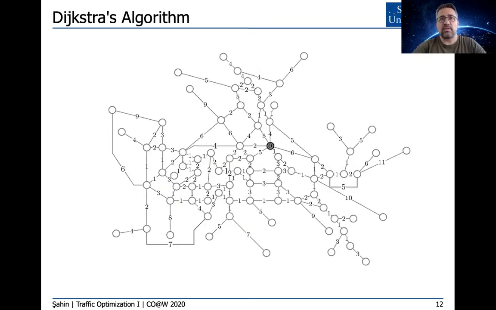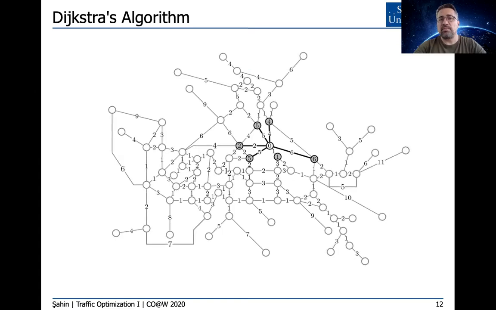First, the distance labels of the nodes that are only one edge away from the source node are updated. Once this update is done, the node with the minimum label is selected. And the labels of the nodes at the head of the emanating arcs are updated.